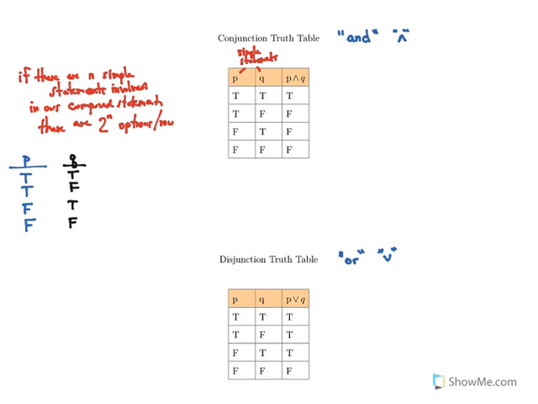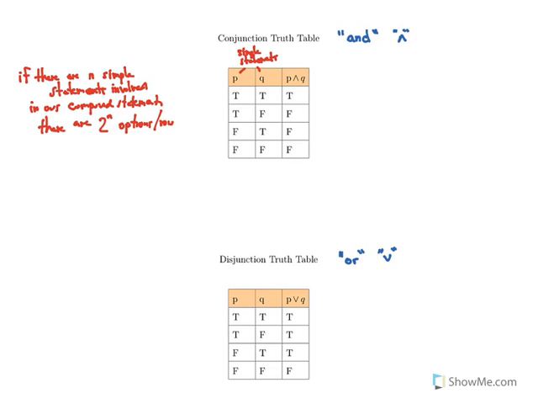This is a nice systematic way to make sure we get every possible option. You look at all the options where P is true, then all the options where P is false, and then down the line. So since there are 2 options here, there are 2 squared, 4 options total. We'll see n being 3 and 8 options later on. All right, so we have our 4 different options: true, true, true, false, false, true, false, false.